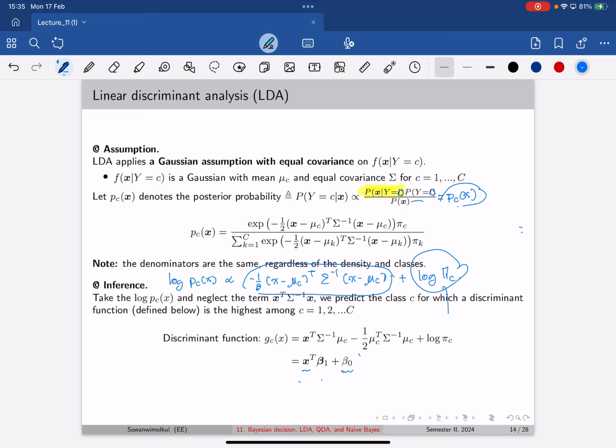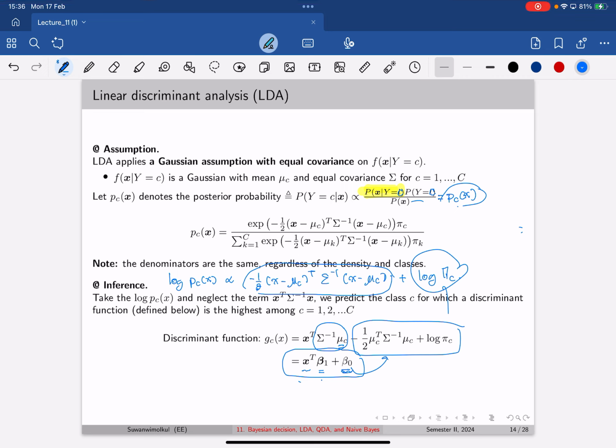If you perform learning based on this function, you get beta 1 and beta 0, where beta 1 corresponds to the covariance matrix multiplied with the mu of being in class C, and beta 0 will be for the rest of that.